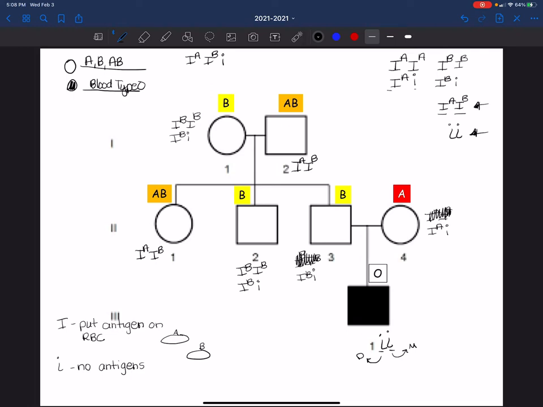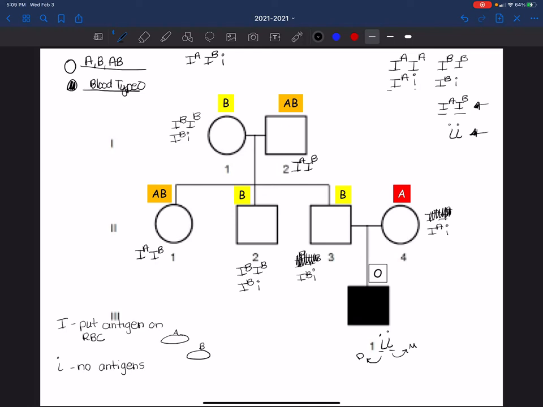Remember, if you wanted to check that, if you crossed an I^B I^B times I^A I^A, all four possibilities would be blood type AB. So it would be impossible for that to be their genotypes because they couldn't have a child with blood type O.